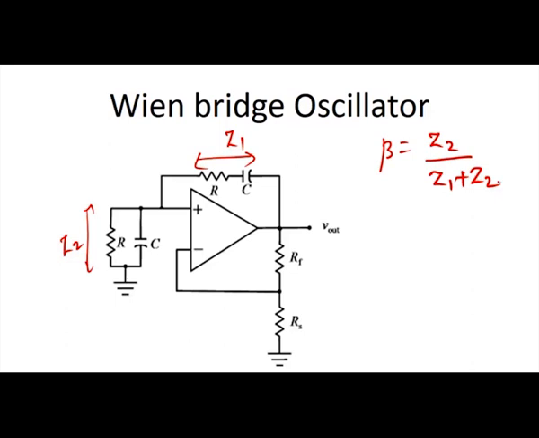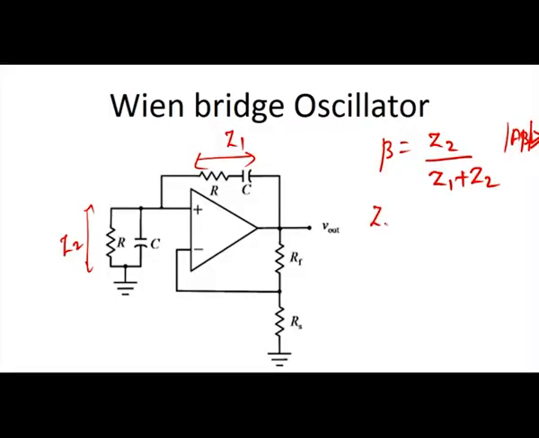What we have calculated previously in the RC phase shift oscillator, we calculated the beta value, and from there we calculated the value of A. From the Barkhausen criteria, magnitude of A beta must be greater than or equal to 1. Same way we have to calculate beta here, and from beta calculate A and the frequency of oscillation from the beta equation.